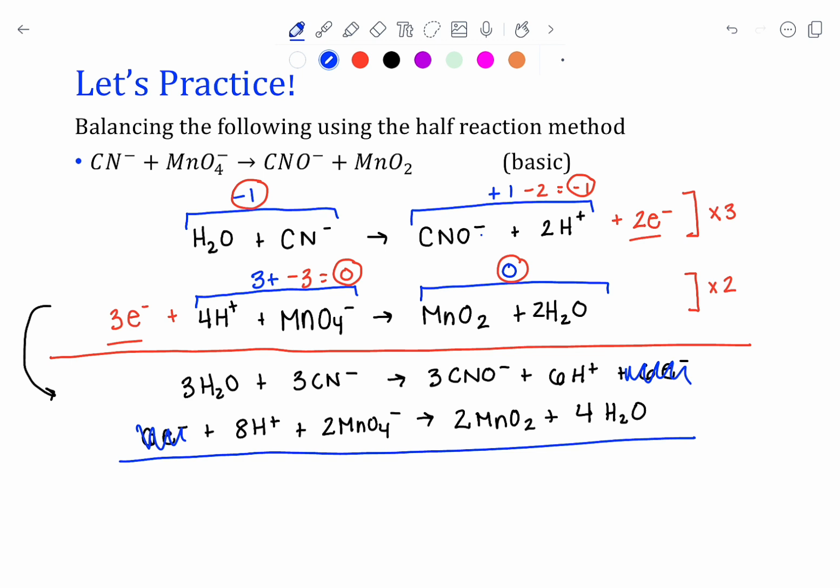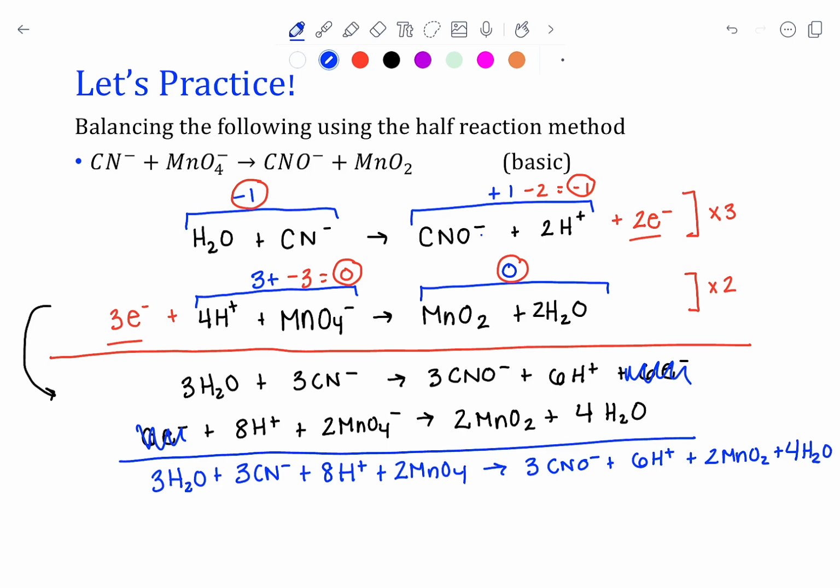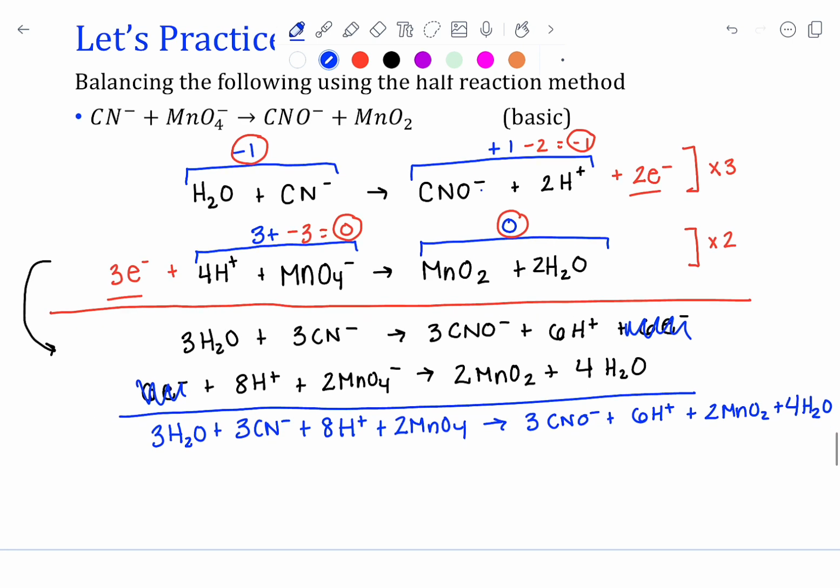So we have 3 H2O plus 3 CN minus plus 8 H plus plus 2 MnO4 minus creates 3 CNO minus plus 6 H plus plus 2 MnO2 plus 4 H2O. So looking at that combined equation, think about what would cancel.